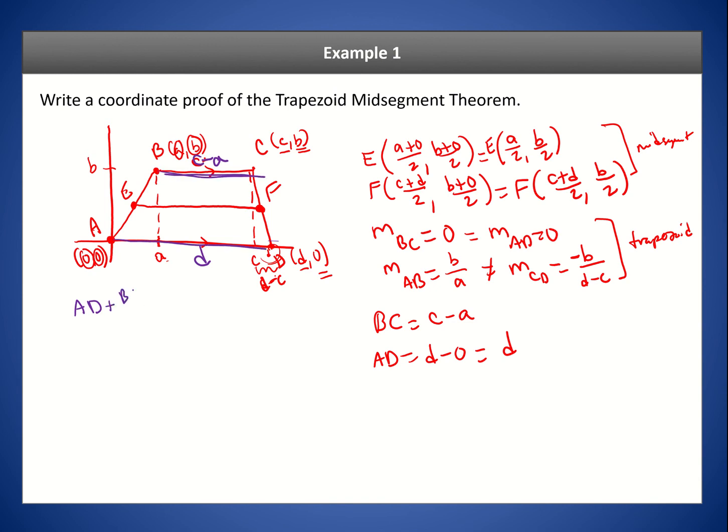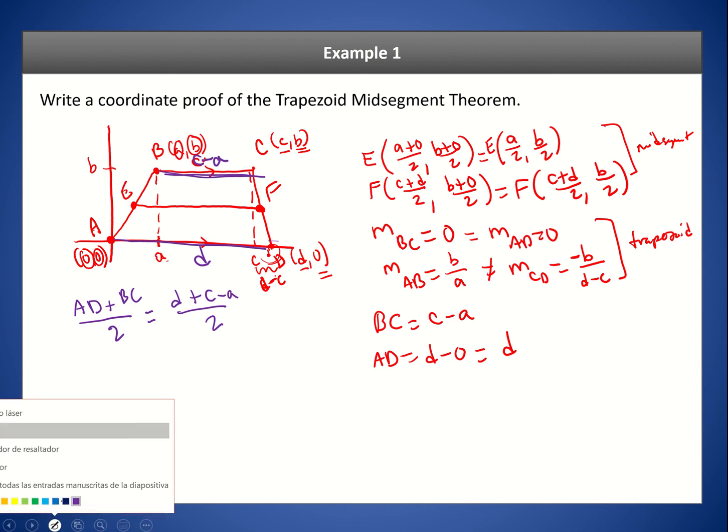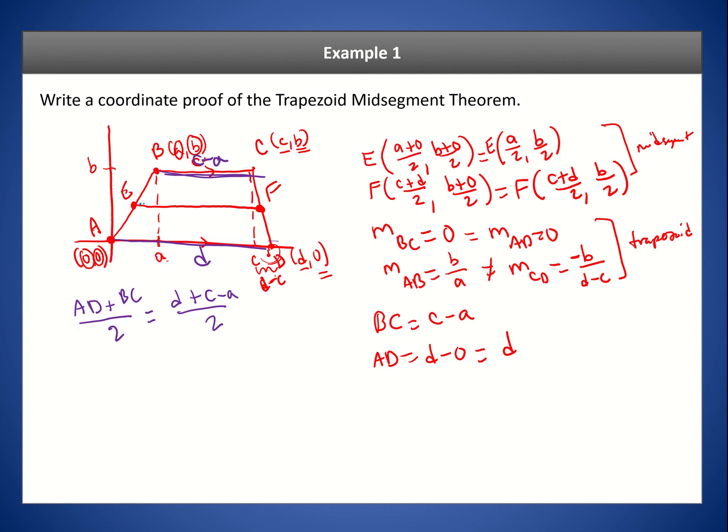AD plus BC divided by 2, okay, and that should give us EF. So AD is D, lowercase d, and BC is C minus A over 2. Okay, so that's our average, and that should be equal to EF. So let's calculate EF now, and let's do a different color for EF so that we're not confusing ourselves with all the calculations here.